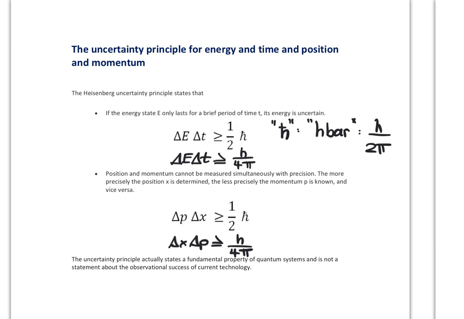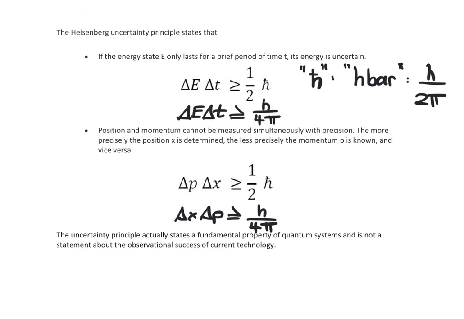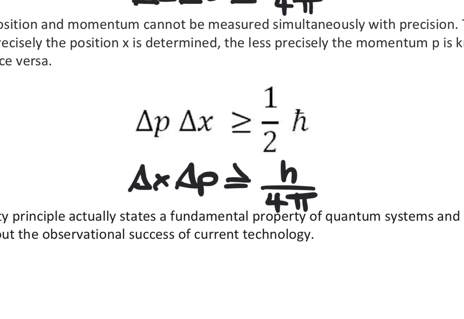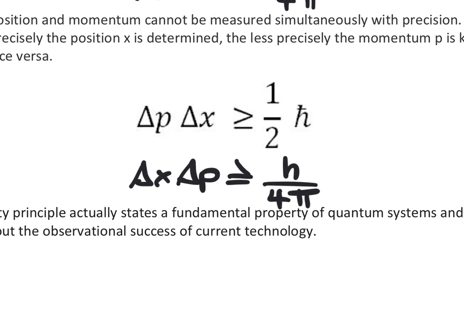So making reference to the wave equation before and how it represents the probability of finding an electron, that gets to this first expression here. They actually listed the position and momentum expression first in the data booklet, and that's that the uncertainty on position times the uncertainty on momentum is greater than or equal to h over 4 pi.